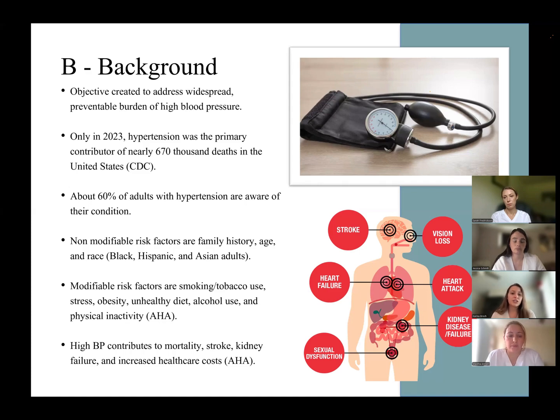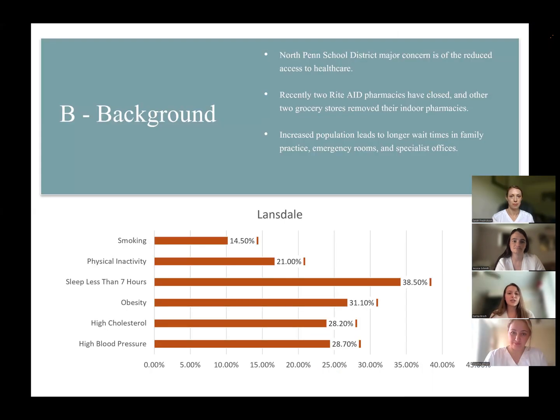And hypertension is very important because it contributes to the mortality of these patients. I brought a little bit about North Bend, one of the school districts that we researched prior to this project.